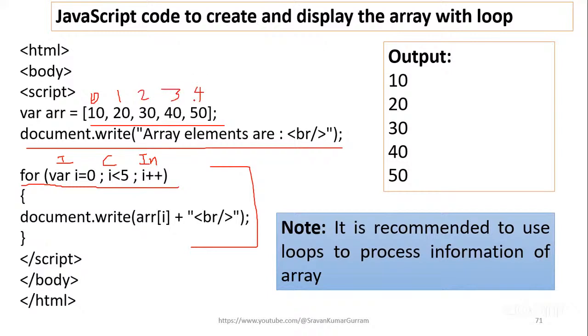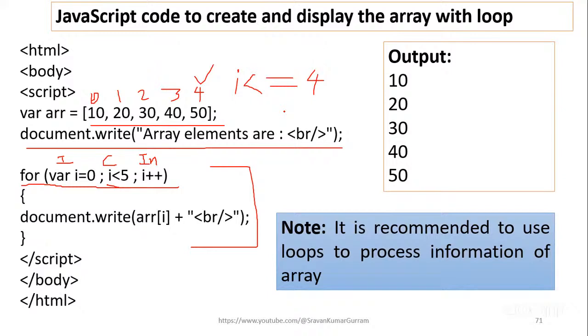The maximum number of elements we have is 5, so the last element, the fifth element, has index value 4. We need to print the values whose index values are 0 to 4, and 4 is less than 5. That's why you can write i less than 5. Otherwise, you can write i less than or equal to 4 also, because the last index is 4.